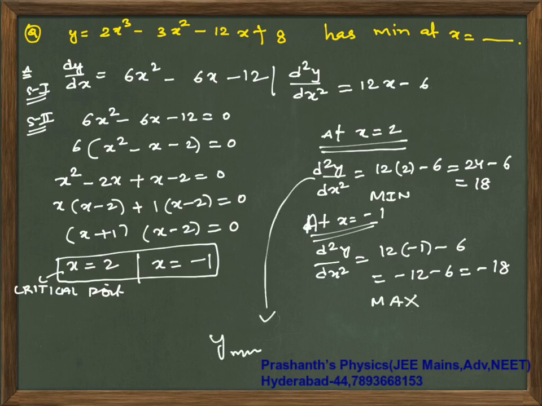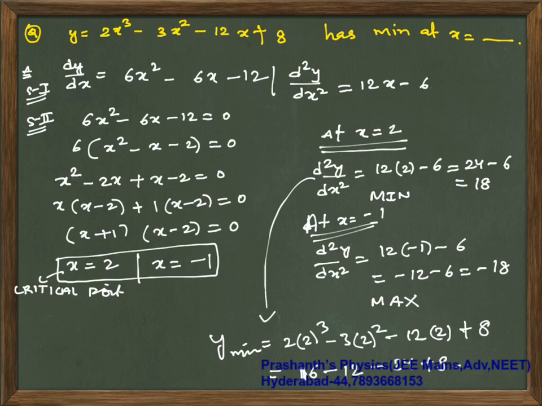Your y min here is 2 times 2 cube minus 3 times 2 square minus 12 times 2 plus 8. You have to substitute in the original function. So 2 into 8 is 16, minus 3 into 4 is 12, minus 24 plus 8. So 16 plus 8 is 24, and you will get minus 12. So your minimum value of this function is minus 12.